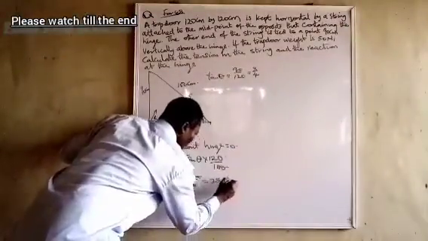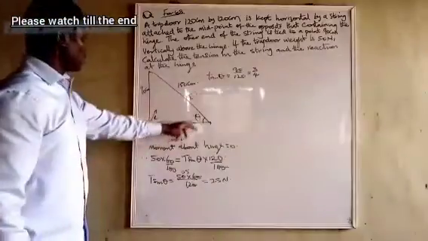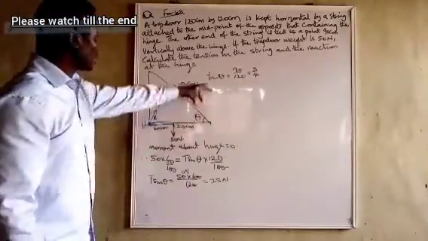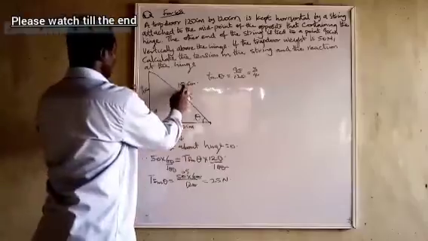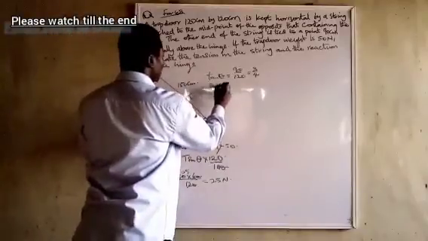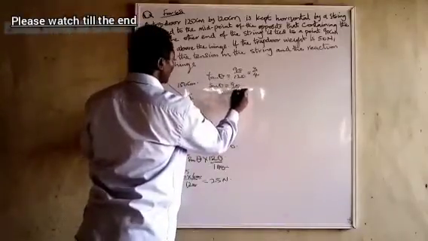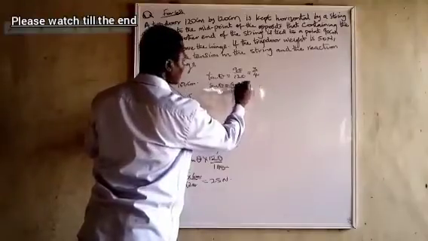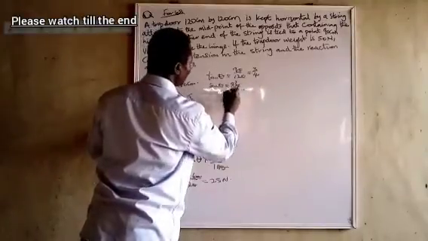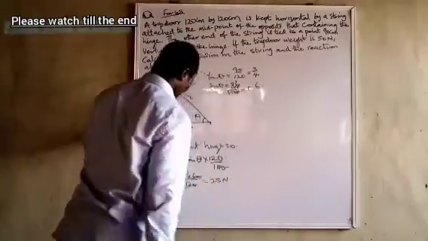But I told you now, we can find sine theta. We know tan theta, so sine theta will be this place over this place. So sine theta is equal to 90 over 150, and that is 0.6.